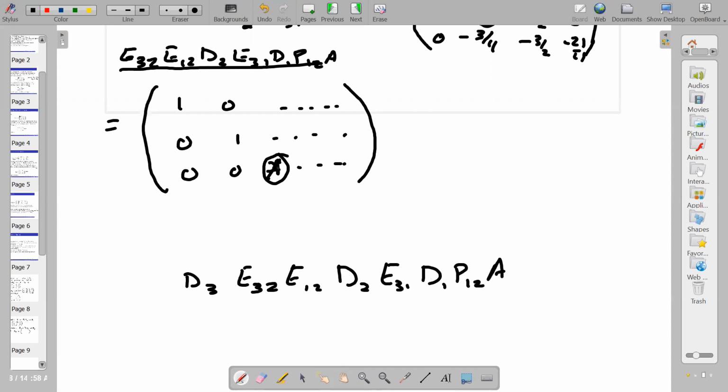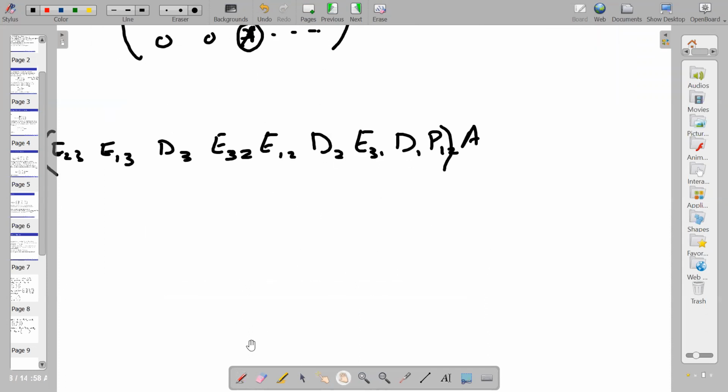If you're at that point where you have actually created a 1 in this spot, you can eliminate that and that with a couple more elementary matrices. So I guess you would use E13 to eliminate that and E23 to eliminate that. You have the formulas for this, but this long string of products, you've got this big product out in front times A. This should wind up looking like the following in this example.